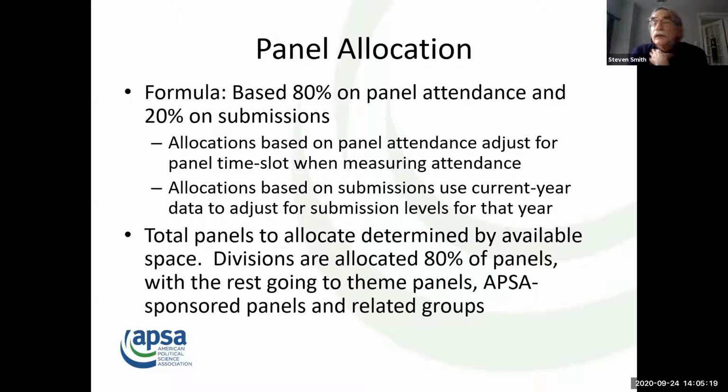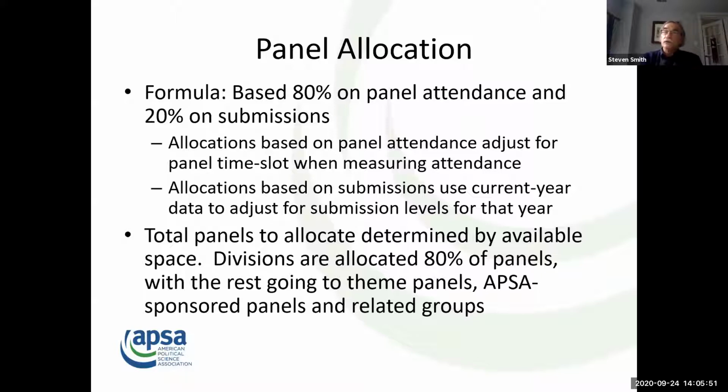So as everybody knows, this year is an unusual year. Typically the way it would work is that we have people who count attendance in all of our panels, and then we take that raw attendance data and we adjust for time slot, so that the number that you get for purposes of the formula is what your expected attendance would be given your day and time slot.